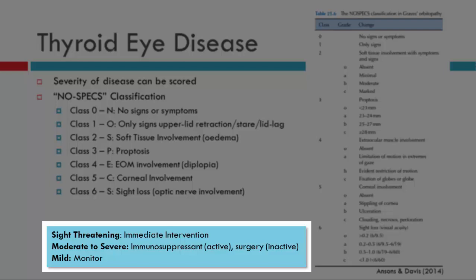What's taken into consideration is also the patient and their function. So this treatment would be prescribed if the patient is impacted in terms of lifestyle and function. And then finally, you have your mild patients whose function isn't impaired and their signs and symptoms are very mild as well, in which case these patients generally are monitored and don't need any immediate treatment of any sort.